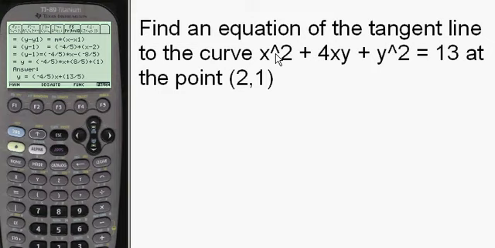Now to graph this on your calculator, you need to solve for y. So you'd use the solve function of your calculator, put this in, equals 13, comma y, and it'll find out what y is so that you can graph it. Then you graph it, and you notice that the derivative is the slope of a line, nothing more, nothing less.